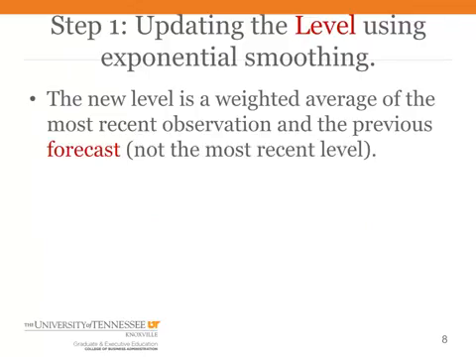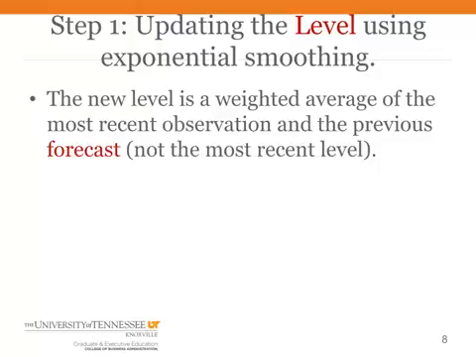If you were using exponential smoothing to update the level and the slope, it would be logical to say, well, we just have two exponential smoothing models. One's tracking the level of the process, just like we do in regular exponential smoothing, and the other one's tracking the slope of the process, and then we just add those two numbers together to get the forecast.